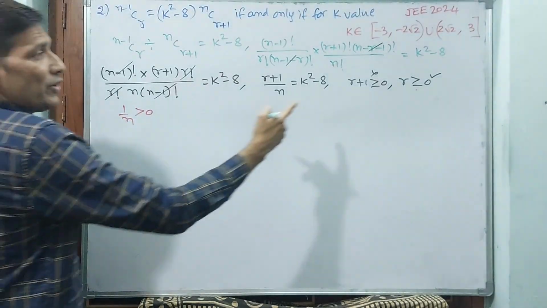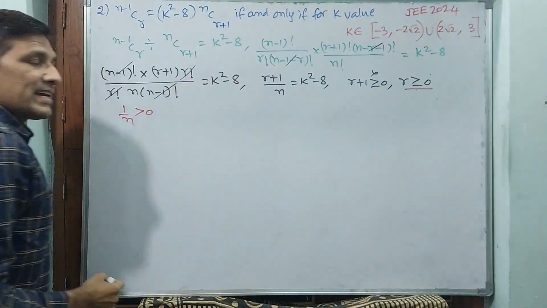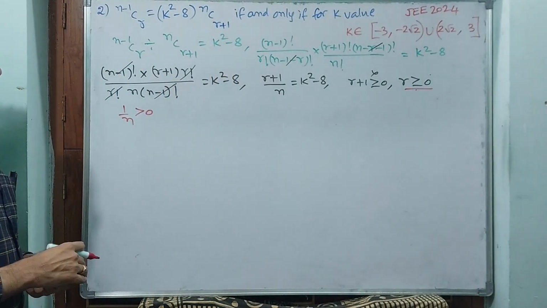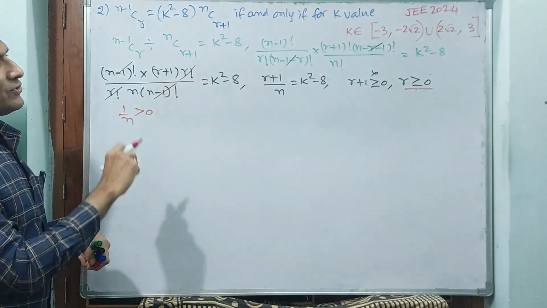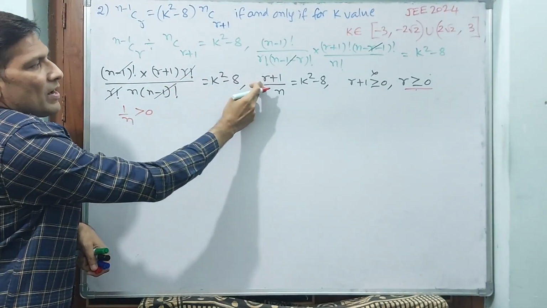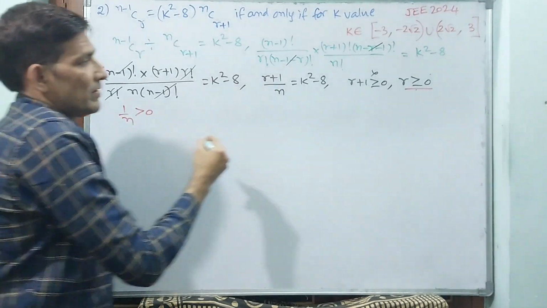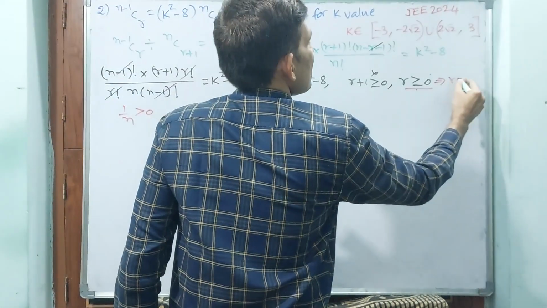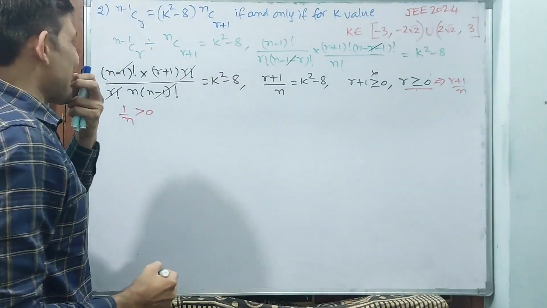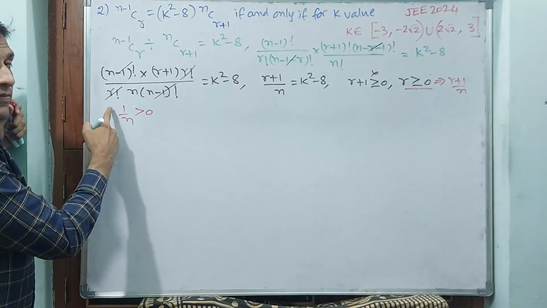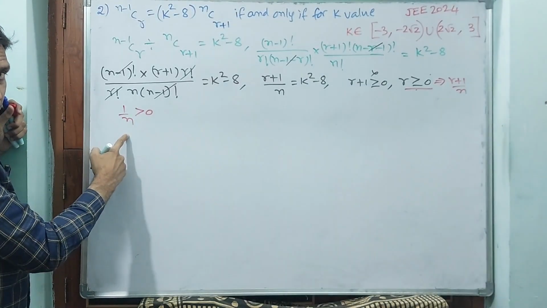Understand? See, in this case, if r is greater than or equal to 0, if at all r is 0 also, (r plus 1) by n, I am writing here. Okay. That means even if r is 0 also, 1 by n is greater than 0.